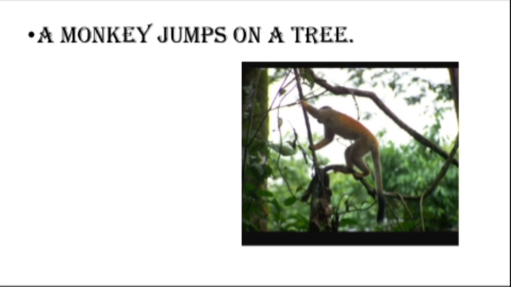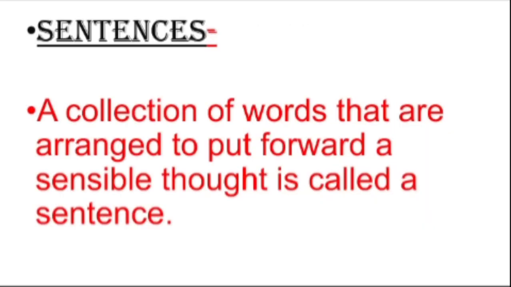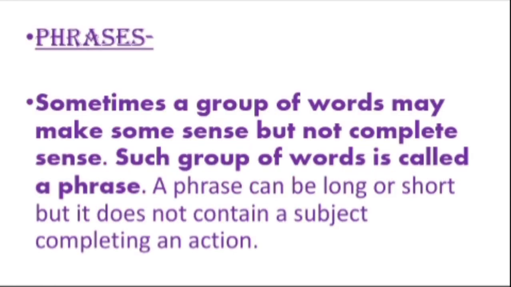So let's revise what we have learned today. So we have learned today about sentences. What is a sentence? A collection of words that are arranged to put forward a sensible thought is called a sentence. Okay. Next, phrases.